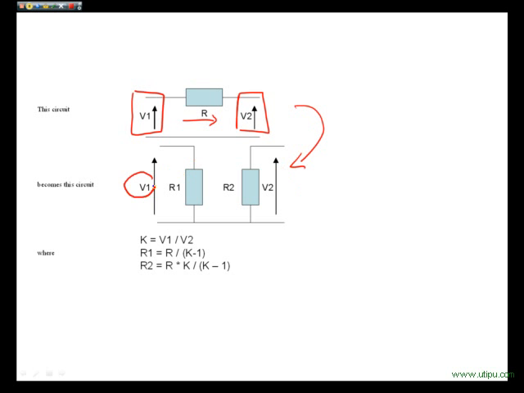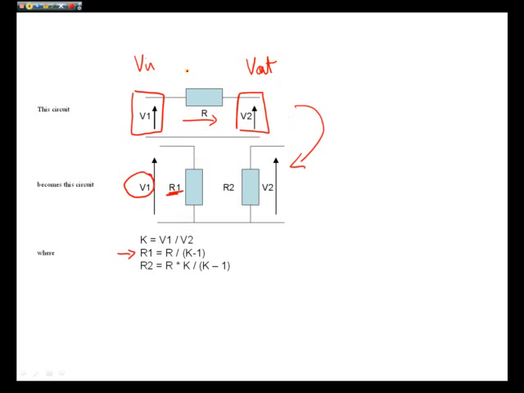So here we will still maintain V1 through this resistance if the following is true. Number one, our resistor R1 is equal to R, the original resistance, divided by 1 minus K, K being, in this case, V in over V out.